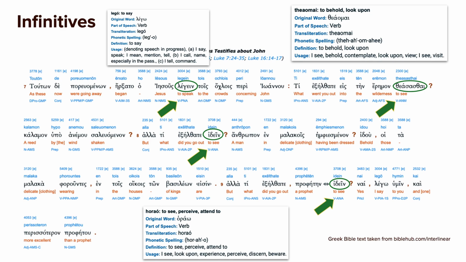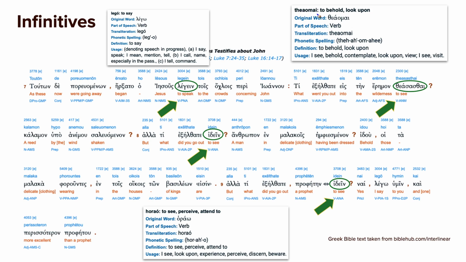All right, in this slide I want to talk about infinitives, which are our verbal nouns. In English we would say to say. In fact, you have it right here. Lego is to say in English, although the literal translation of lego is I say. But in English, usually in the dictionary, we would just have the infinitive to say, whereas in Greek, the lexical form is used, which is the first person singular, present indicative active.